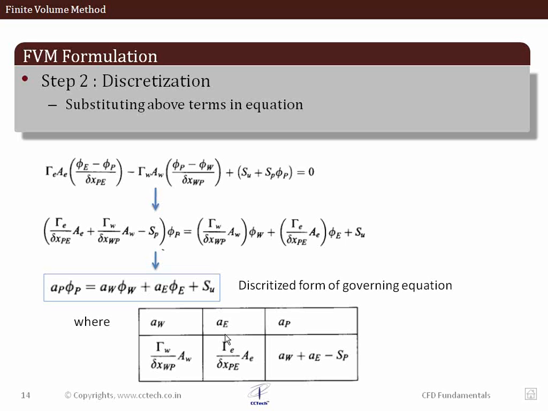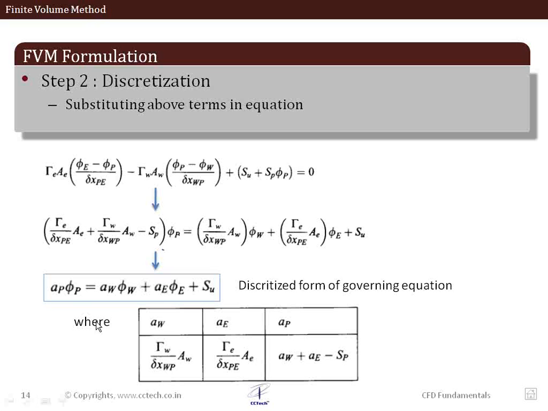We'll move ahead. And ultimately, when we apply this into the equation which we had earlier, what we obtain is a rearranged form in which we have these coefficients AP, AW and AE, as well as the source SU, and the unknown terms are still there, phi P, phi W and phi E.